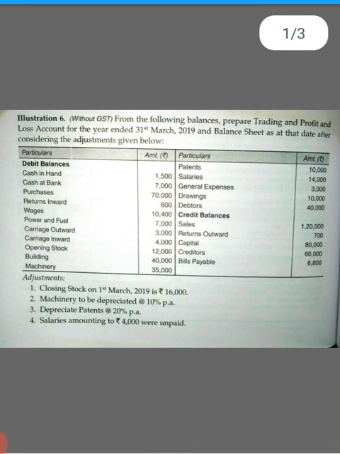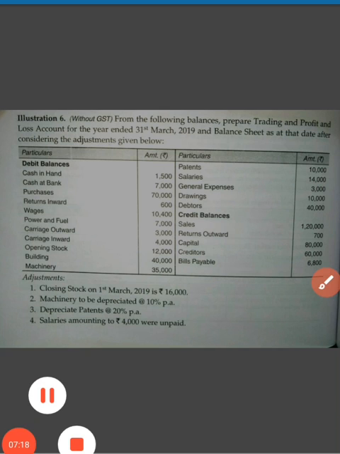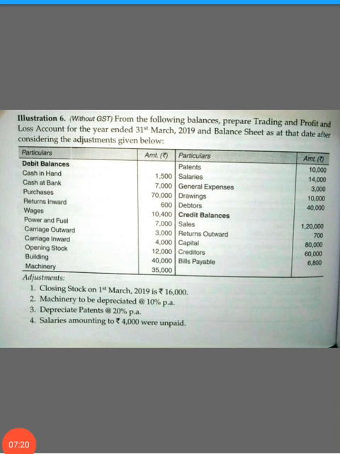Then the second adjustment is machinery is to be depreciated by 10% per annum. Depreciation is recorded on the debit side of the profit and loss account. Now see what is the value of machinery. It is 35,000.